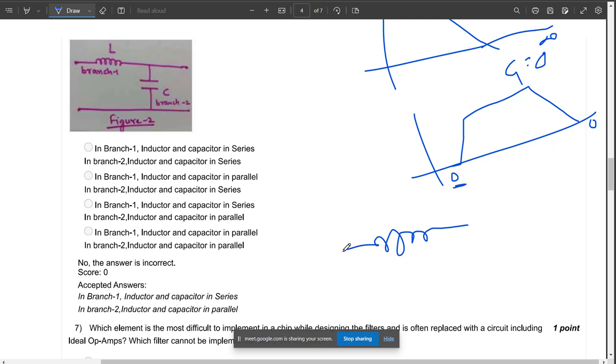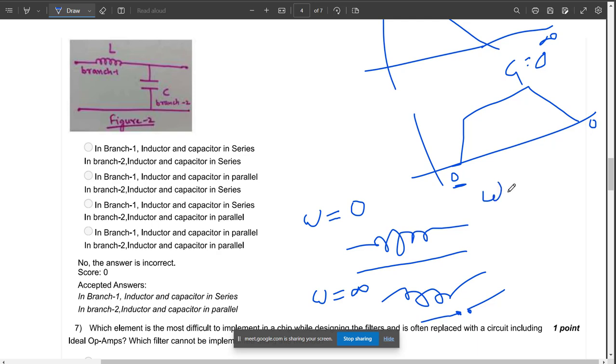What happens to an inductor if the frequency is equal to 0? How does this inductor behave? It behaves as a short circuit. Yes, very good. And if the frequency is equal to infinite, how does this inductor behave? Open. Yes, very good.